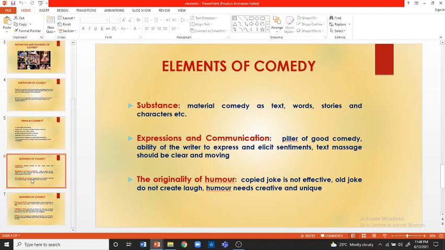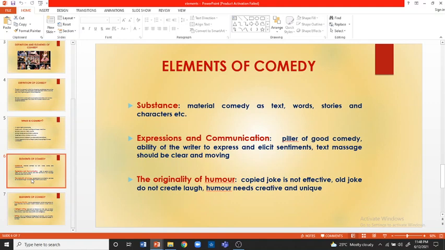Expressions and communication is a pertinent pillar of good comedy, and the ability of the writer to express and elicit sentiment and feeling of the character is important to get the response of the audience. For what reason? It is important to get the response of the audience or the reader.